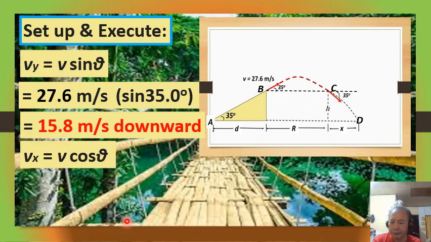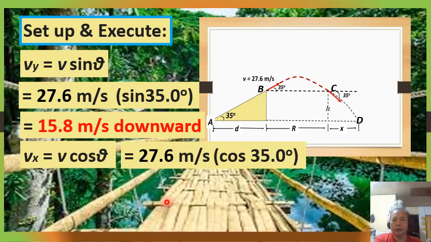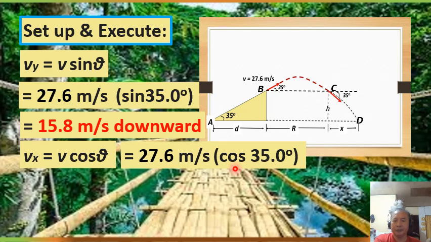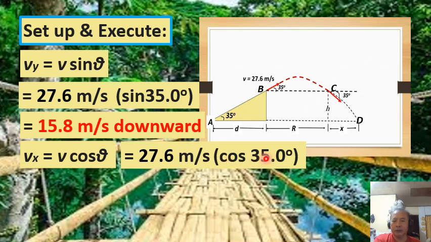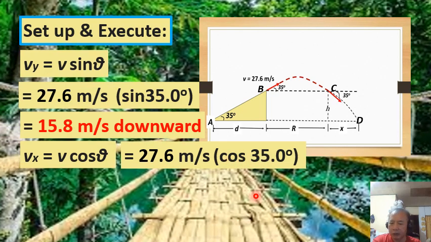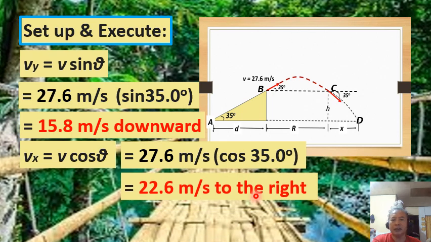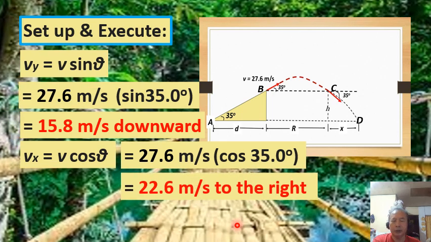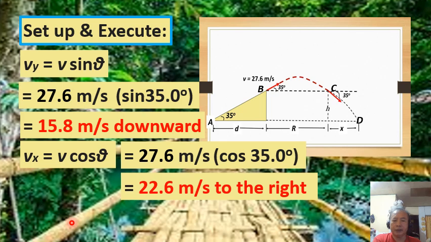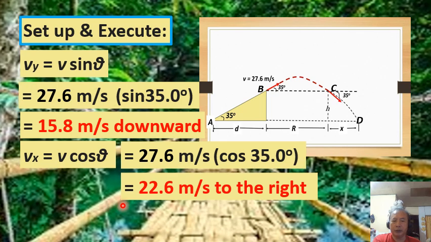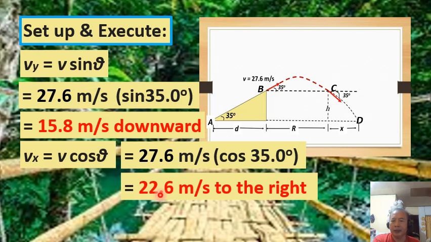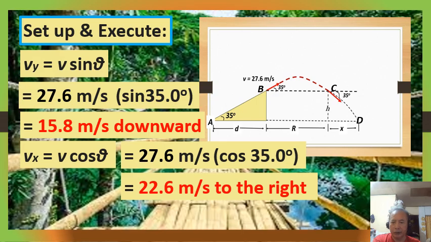That is 27.6 meters per second times the cosine of 35.0 degrees, or again using your calculator, we get the value Vx equals 22.6 meters per second, and the direction is to the right.